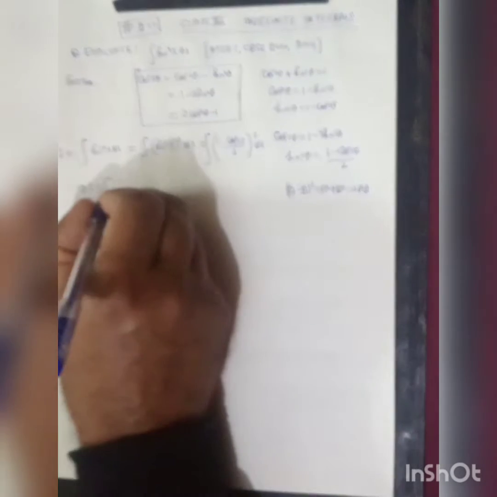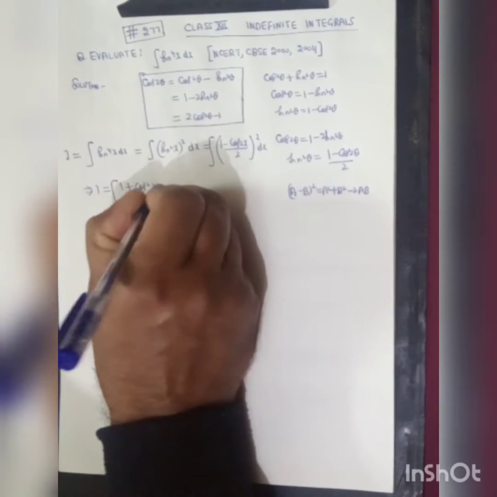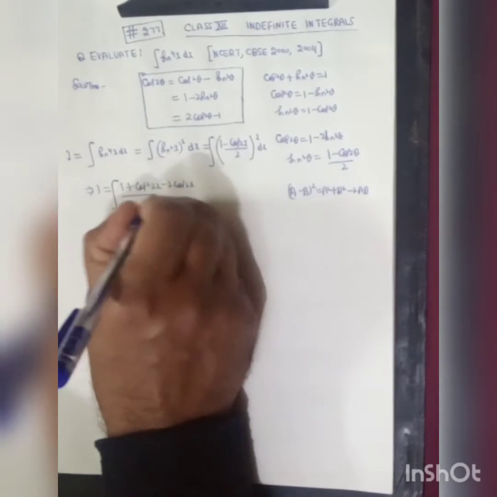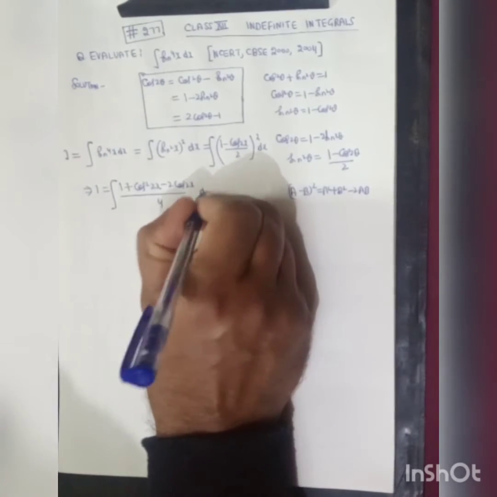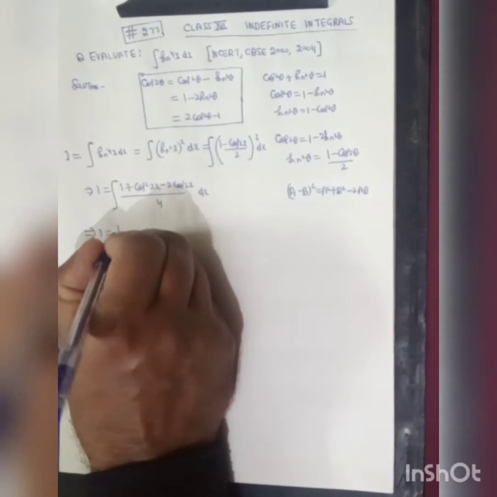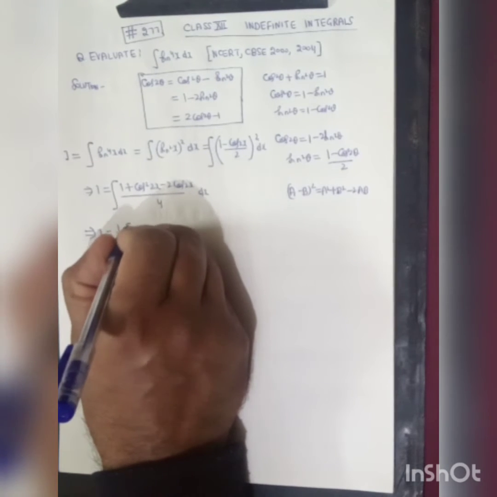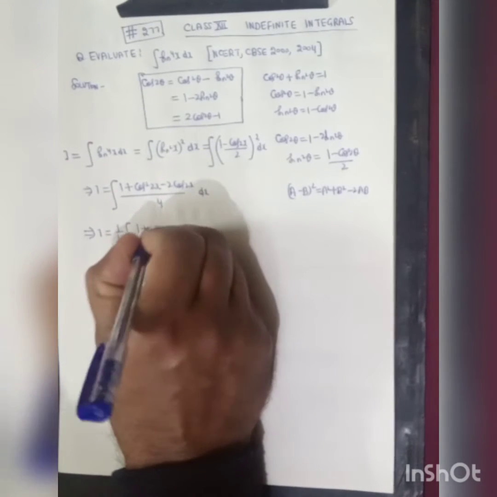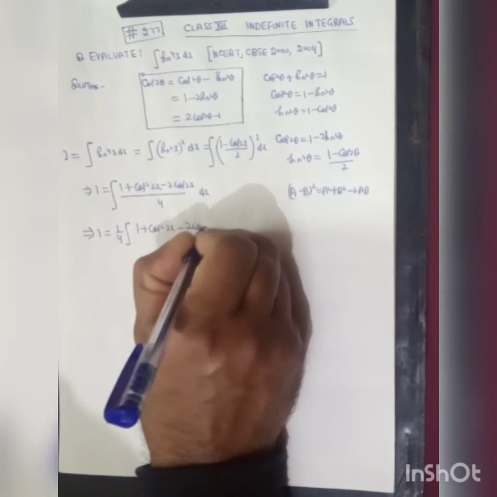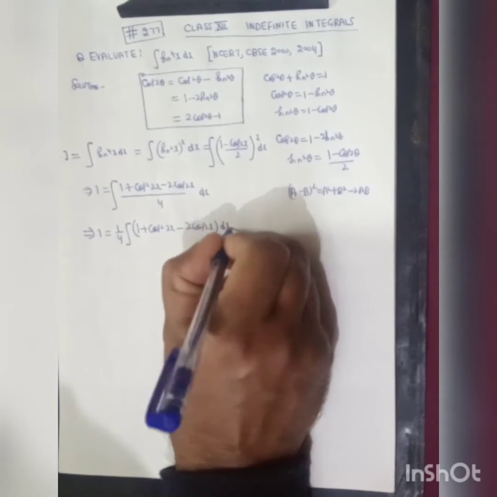So this can be written as the integral of (1 plus cos²2x minus 2 cos 2x) divided by 4 dx. This further can be written as I is equal to 1 upon 4, the constant we can take outside, integral of (1 plus cos²2x minus 2 cos 2x) dx.